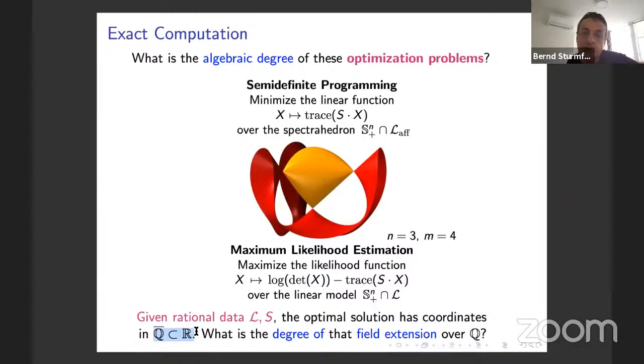This, to answer the question that was asked 7 minutes ago, is an algebraic complexity measure of solving this problem. This is the true, intrinsic algebraic complexity of solving these important optimization problems, irrespective of the method used. So this is the intrinsic complexity of the coordinates of the solution in terms of the data.